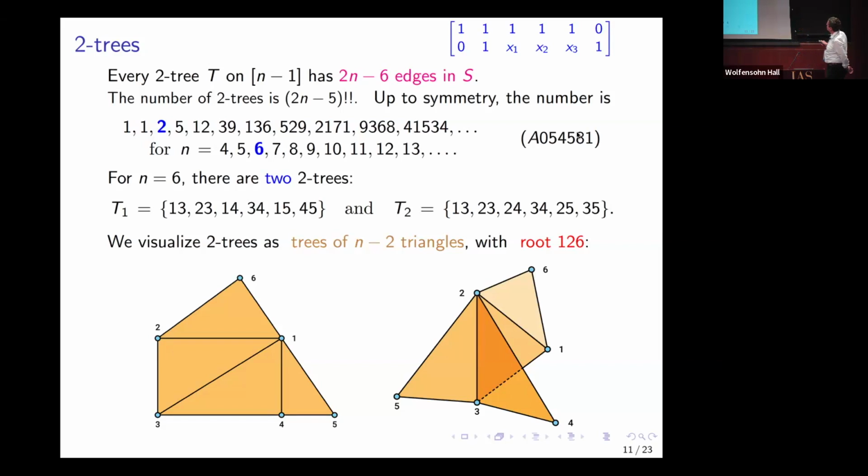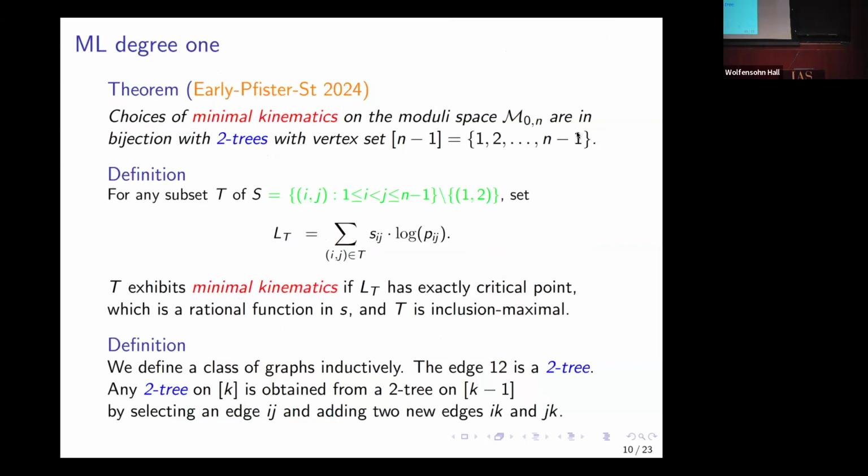Remember, n was not used here, so for good measure I stick on a triangle 1, 2, 6. So this 2 tree is visualized by this picture, and the non-planar 2 tree is visualized by this picture. Those are graphs. They're not trees, but they're sort of trees of triangles. Again, our theorem says that this is exactly the combinatorics for minimal kinematics on M0n.